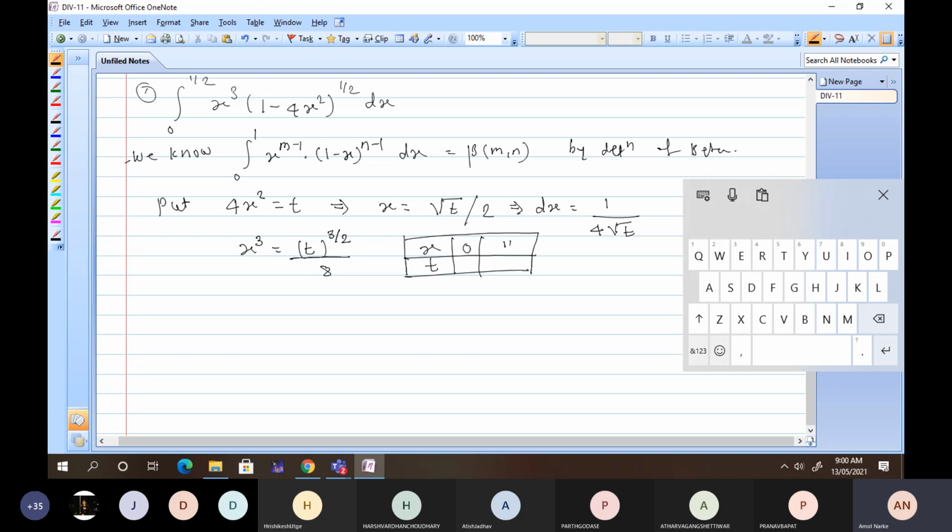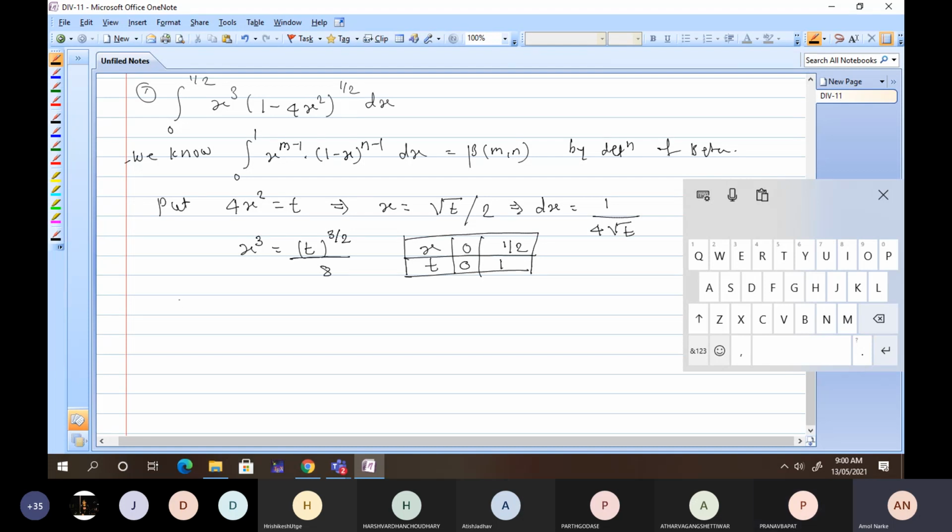When x is equal to 0, t becomes 0. No problem. But when x is equal to 1/2, what is the value of t? Substitute here: 1/2 square is 1 by 4, the 4 gets killed, and t is equal to 1. Is it okay?